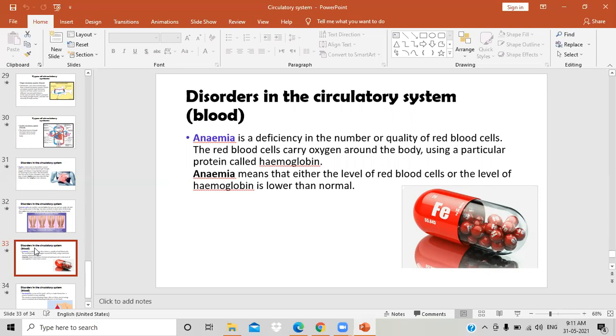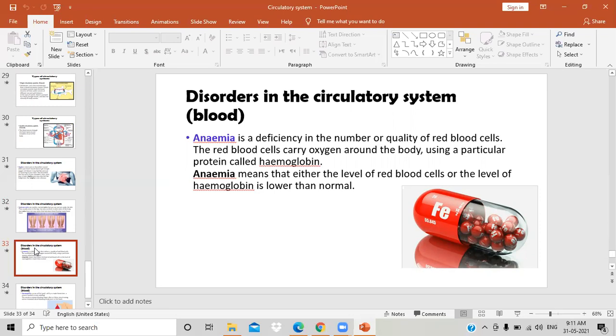The most common type, or the type that we know about very much, is the lack or decrease in the number of red blood cells, and the protein that forms the red blood cells, which is called hemoglobin.